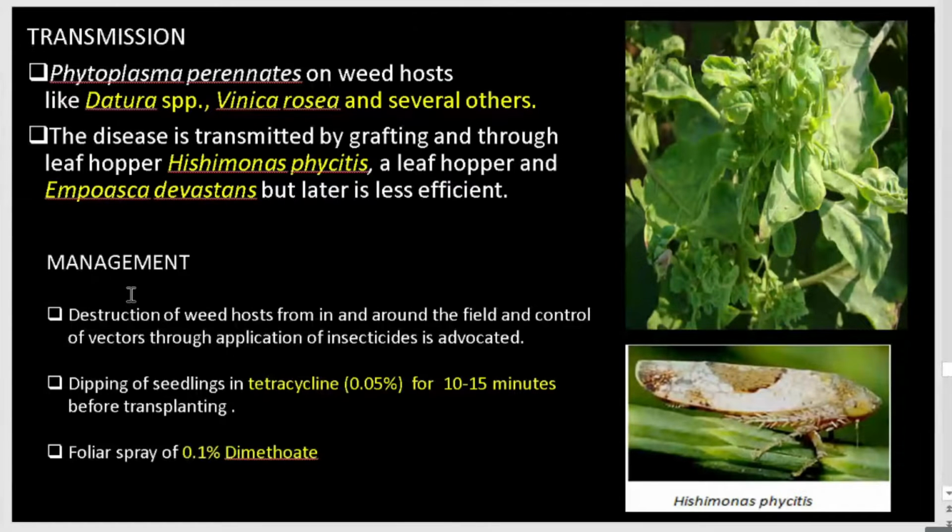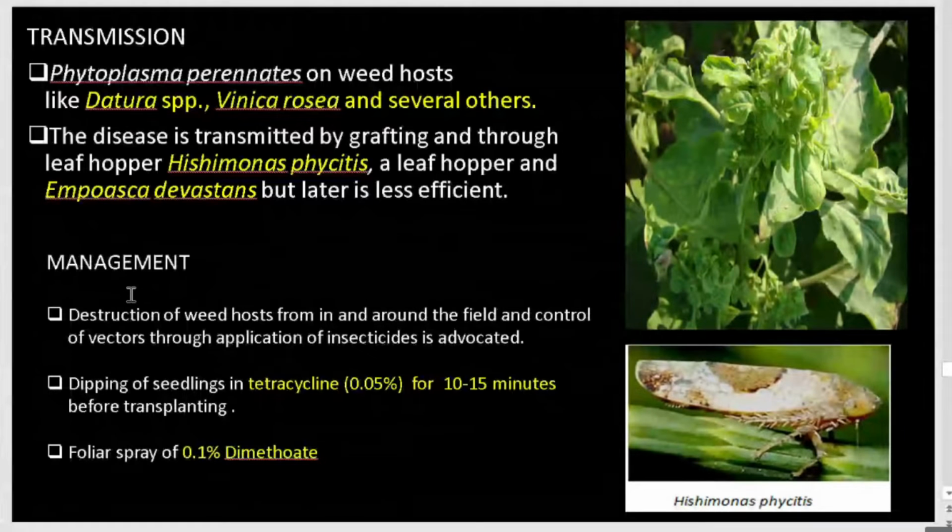Thiamethoxam, which you will also read about, is recommended at the rate of 1 gram per liter because thiamethoxam and lambda cyhalothrin are highly systemic.